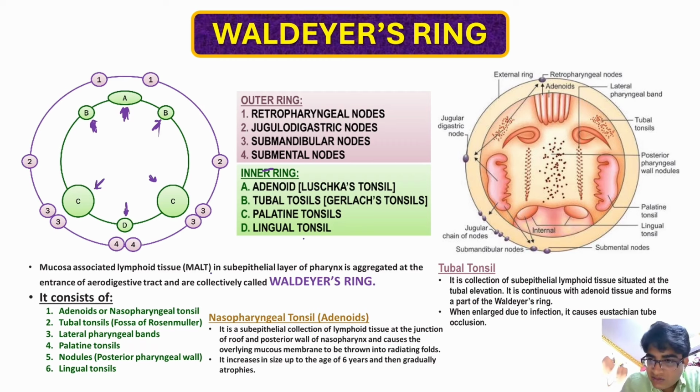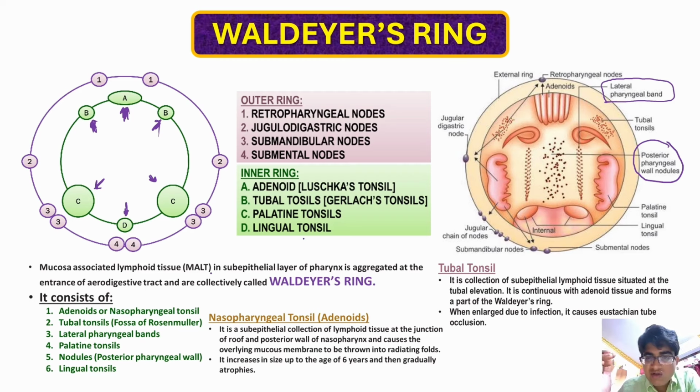There can also be some posterior pharyngeal wall nodules, as I have already said, and a lateral pharyngeal band of lymphoid tissue on the lateral pharyngeal wall. Correct?